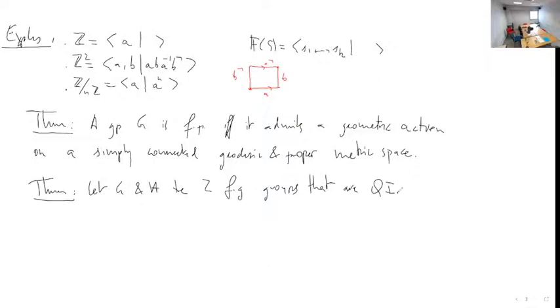Then G has finite presentation if and only if H also. Okay, so this is a property that is invariant under quasi-isometry.